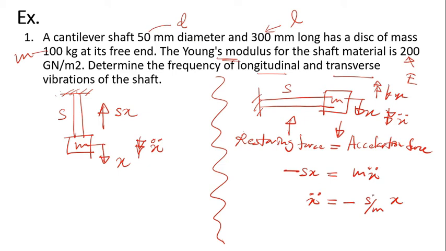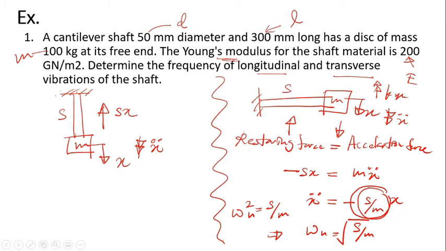So in this equation, what is the S over m term? S over m is omega n squared, therefore omega n is square root of S over m. Now if we know the angular velocity, we can determine both the time period as well as the natural frequency. How to do that?